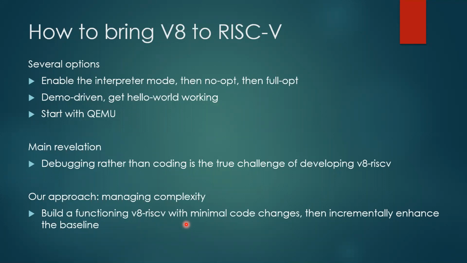Once we have a functioning baseline, meaning that we pass most of V8's extensive set of test cases, then we can go back and refactor, get rid of the things we inherited from other backends, and focus on improving the code generation and even some of the software architecture. So that's the approach we're taking.